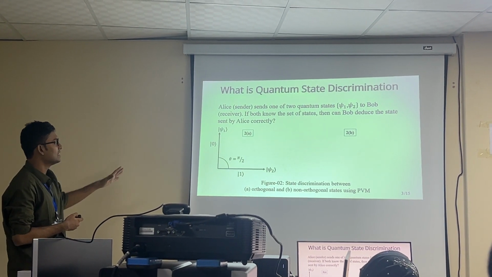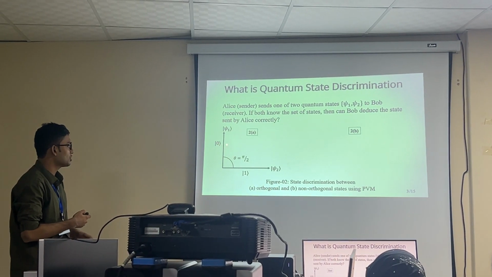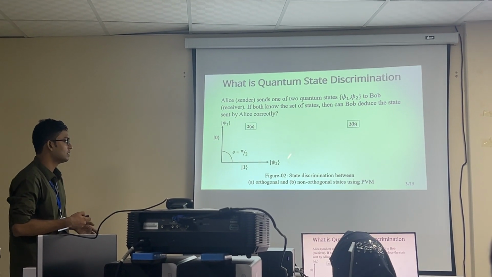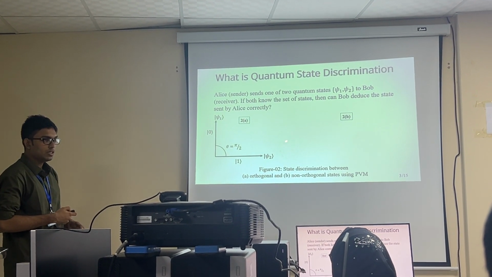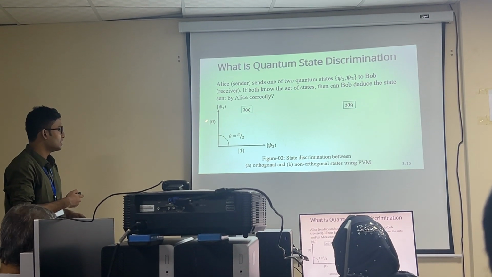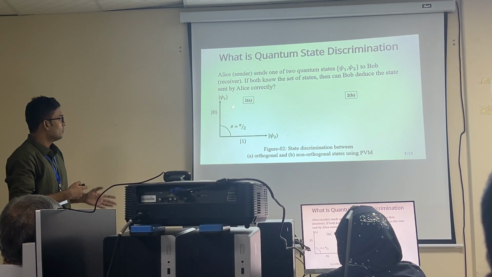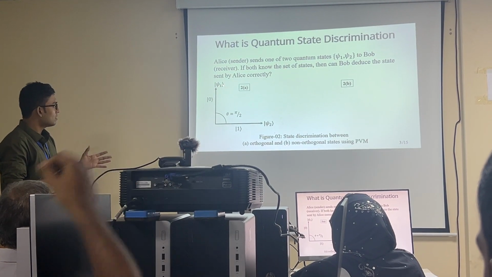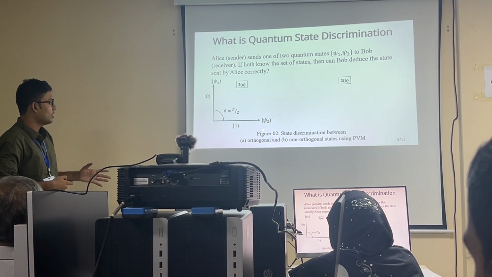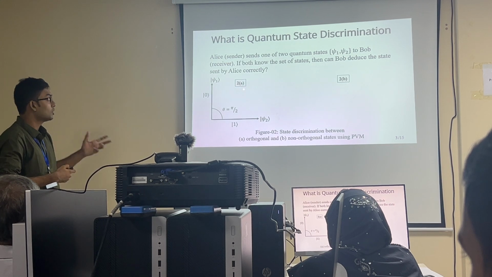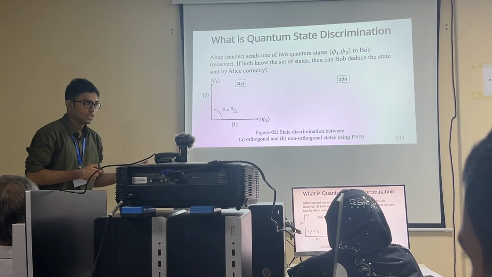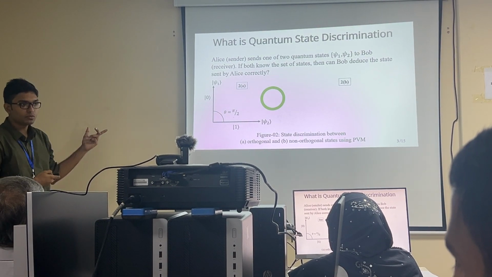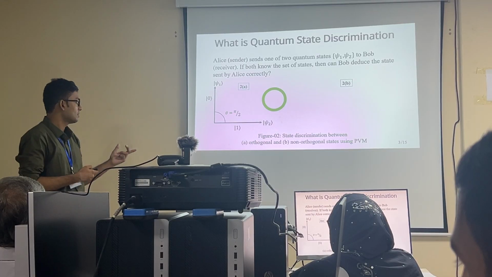Basically what it means is psi1's projection can never end up on psi2. So if we find 0 upon projective measurement, we can say that it came from the psi1 state. So Bob can conclusively detect psi1 or psi2 depending on what Alice has sent him. So in this case, yes, we can do that. We can distinguish between these states.